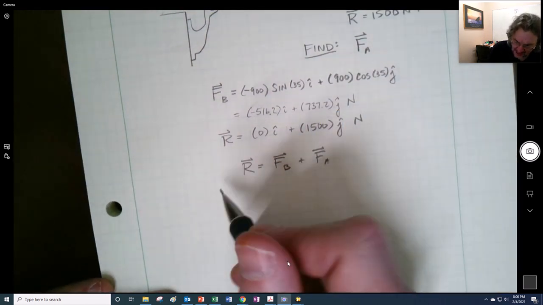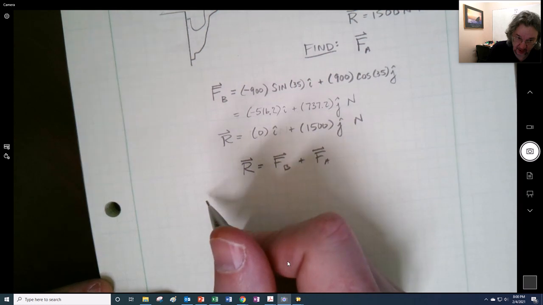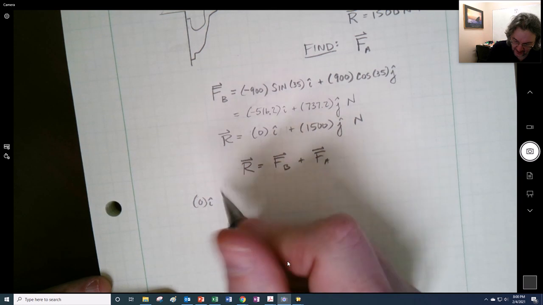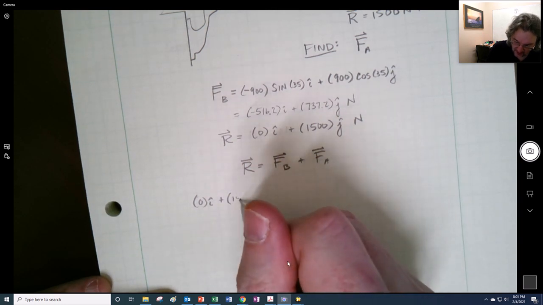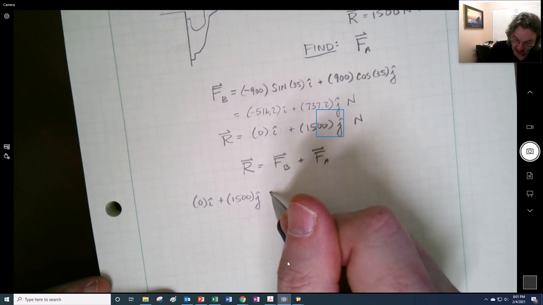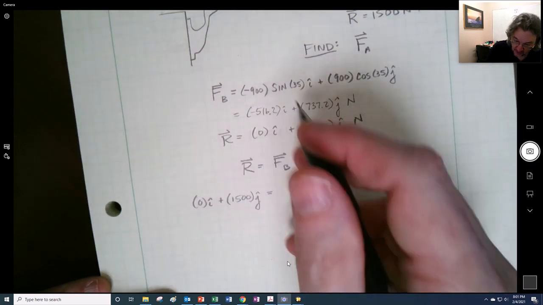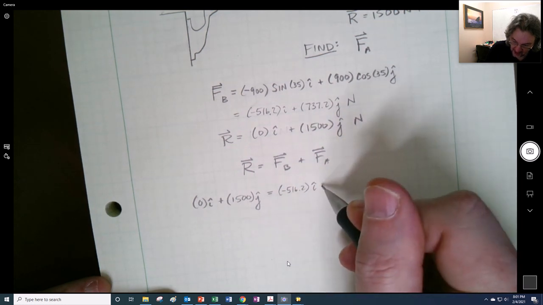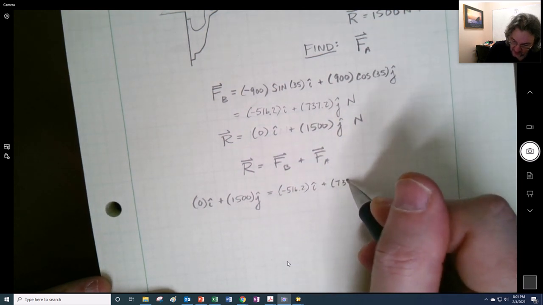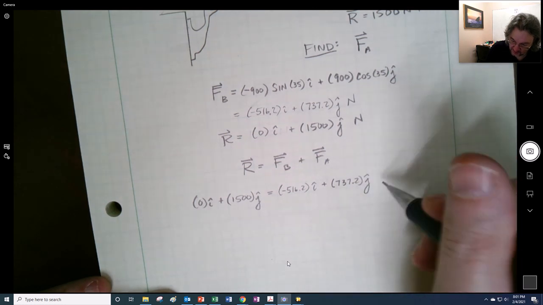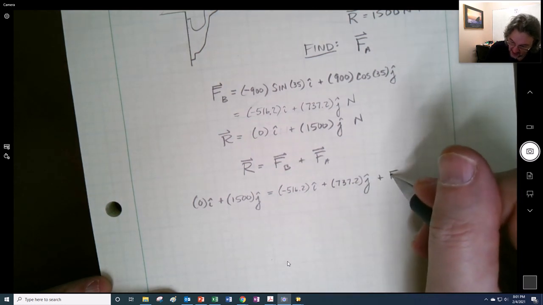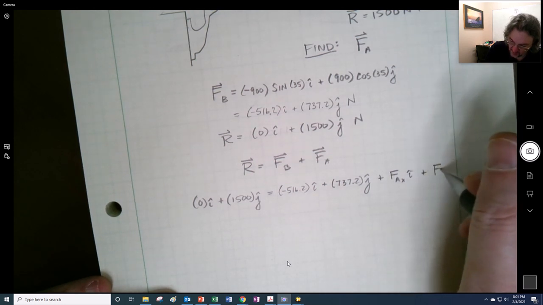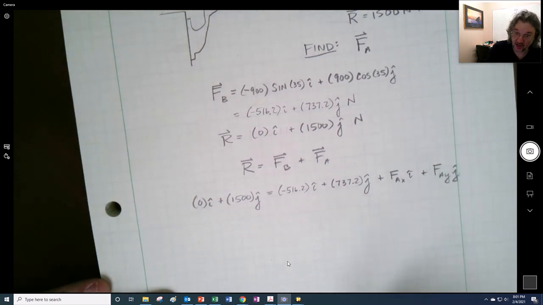So fill in these things: 0 i plus 1500 j is equal to, I'll start with FB, negative 516.2 i plus 737.2 j, plus FAX i plus FAY j.